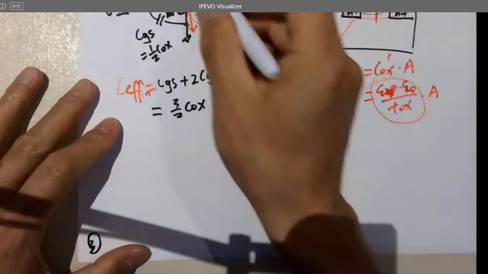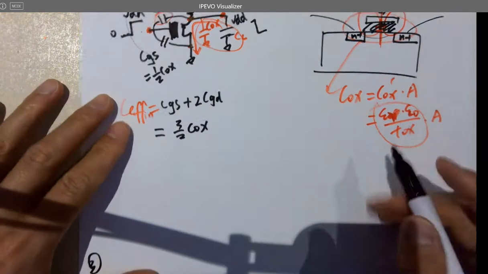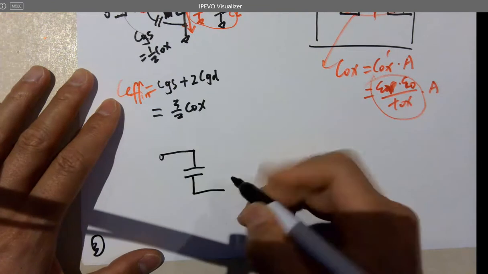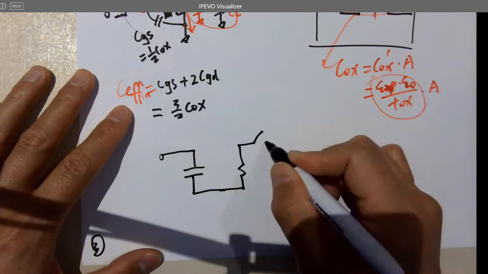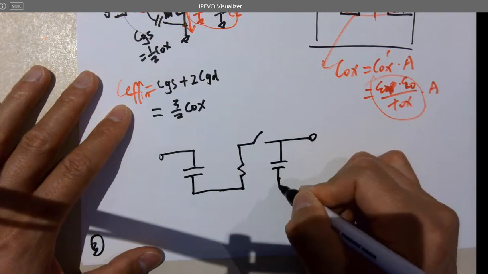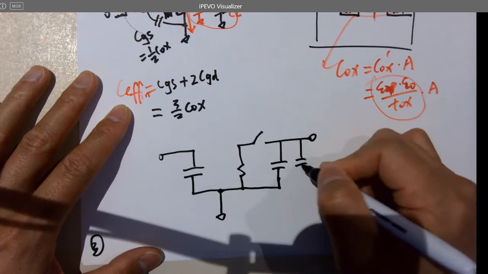So if you model this thing in a resistor and capacitor circuit, it looks like this. Definitely if there's a load, right?